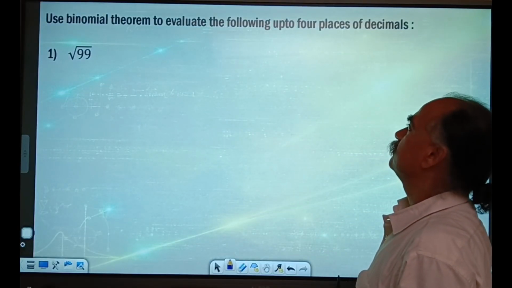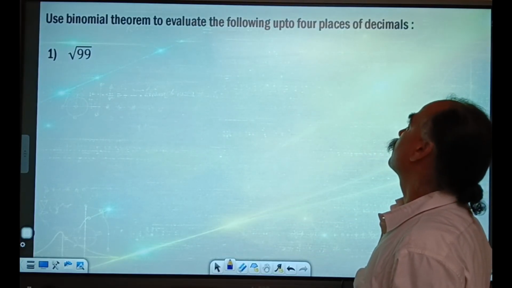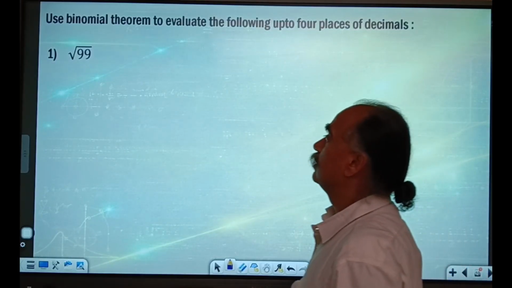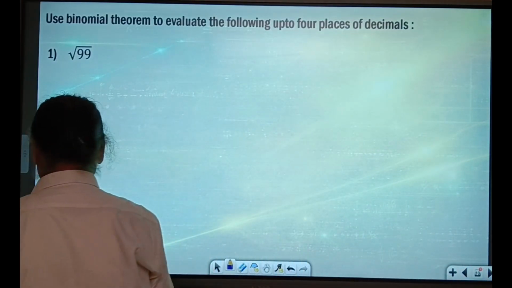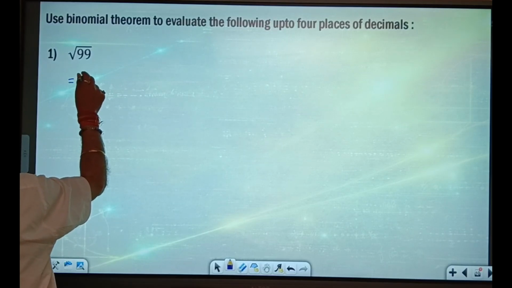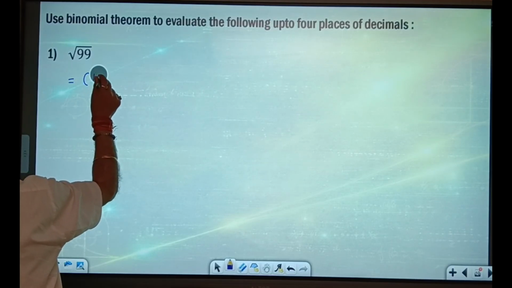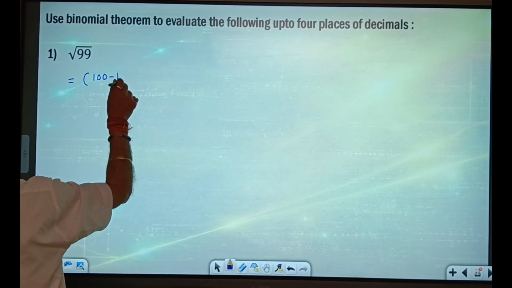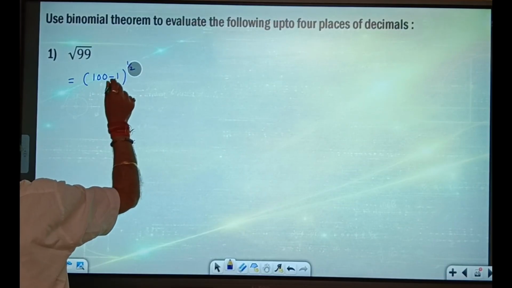Using binomial theorem, evaluate the following up to 4 places of decimal: root 99. Root 99 can be written as 100 minus 1 raised to half.